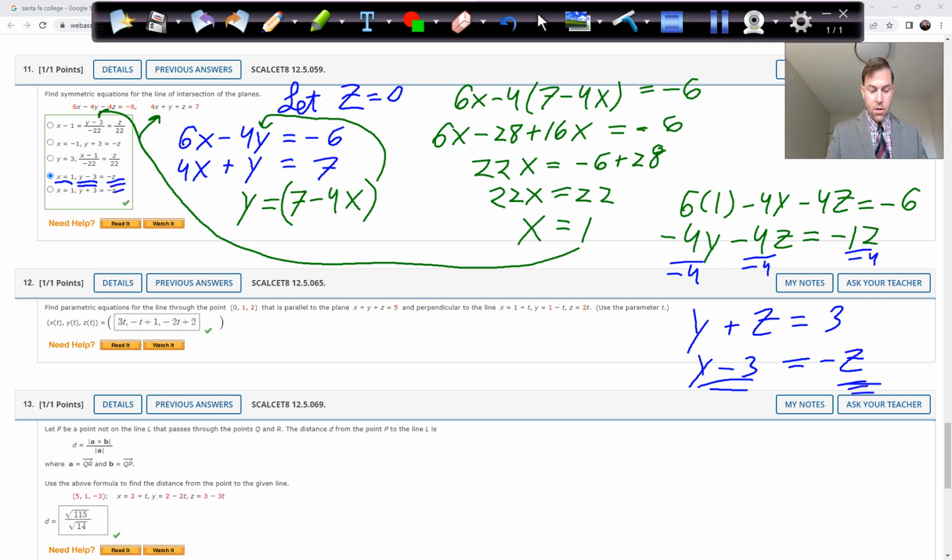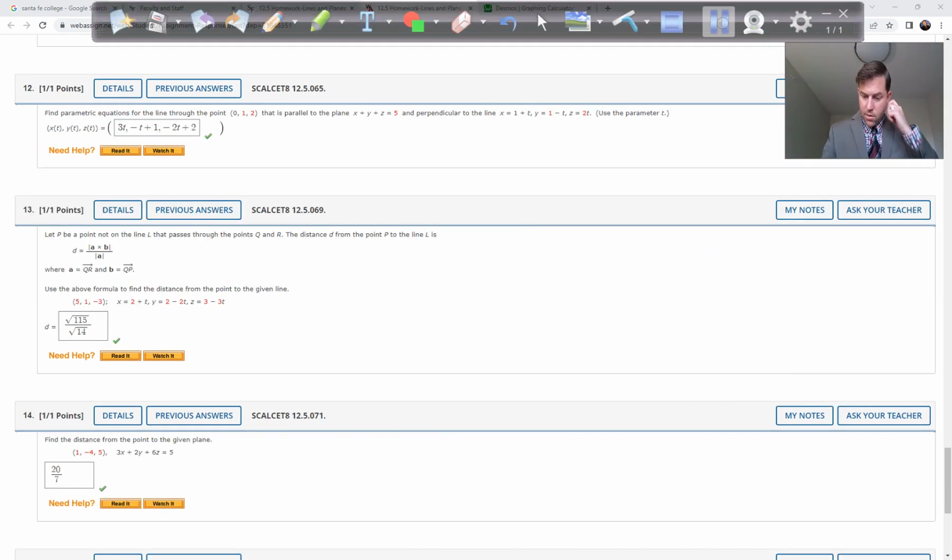Okay, so we set one variable, in this case z equal to 0, solve for one of the letters, in this case x, back substitute, and then we get a relationship between y and z. That's problem 11.